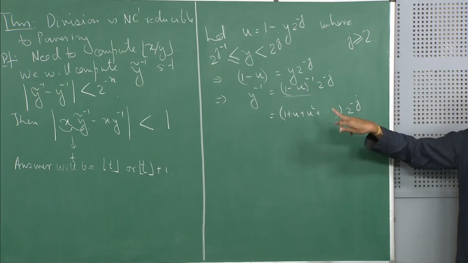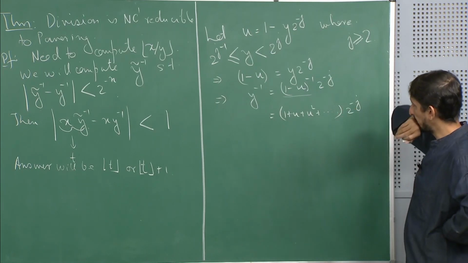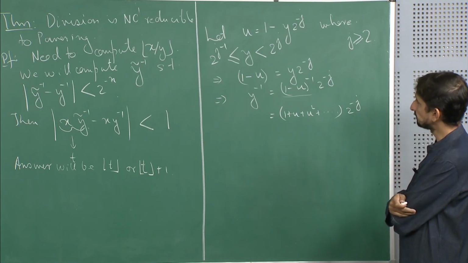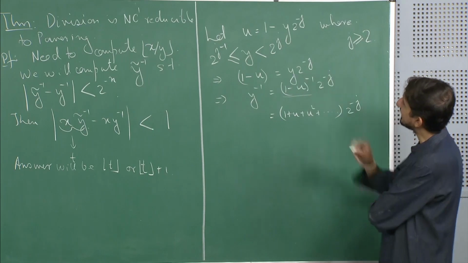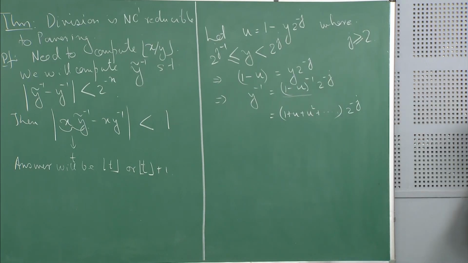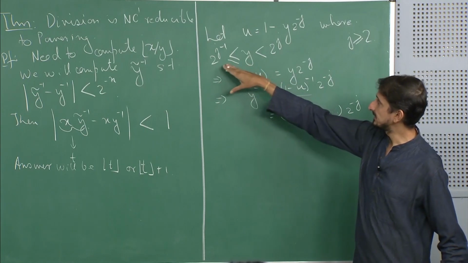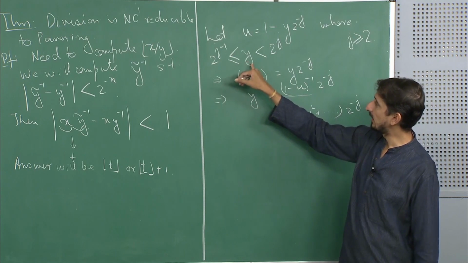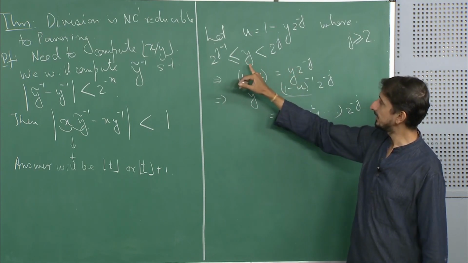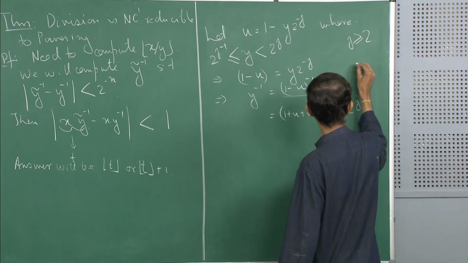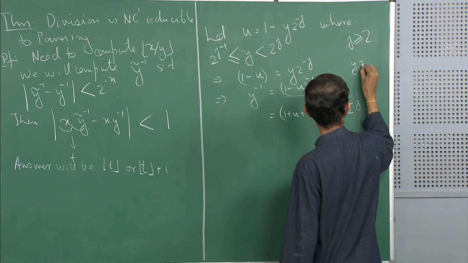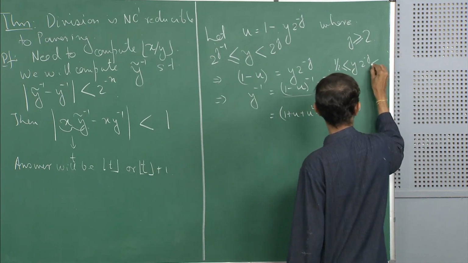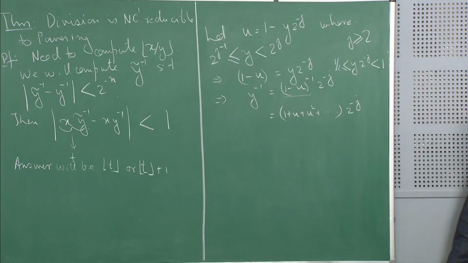And one more observation. What is the value of y into 2 to the power minus j? If I divide this entire expression by 2 to the power j, what I get is that y into 2 to the power minus j lies between half and 1, right.